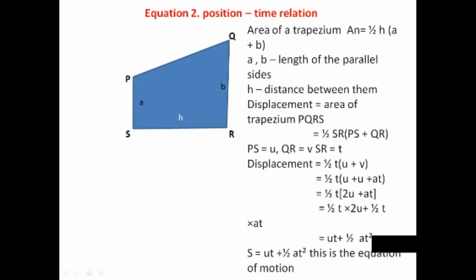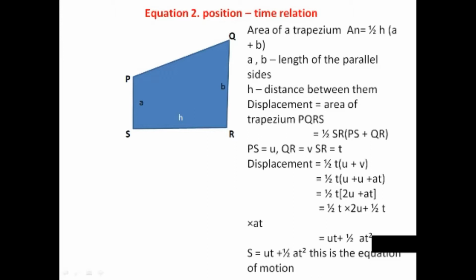We have two specific times, T1 and T2, on the x-axis, corresponding to the points S and R. Now we want to find the area of this trapezium PQRS. By finding the area of this trapezium, we get the second equation of motion, the position-time relation.